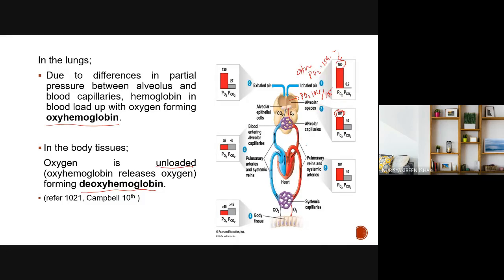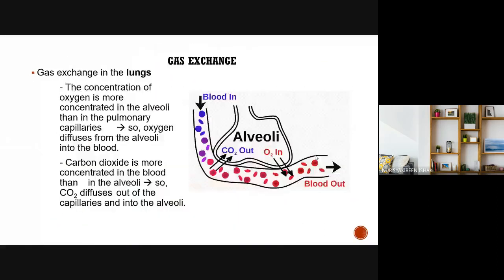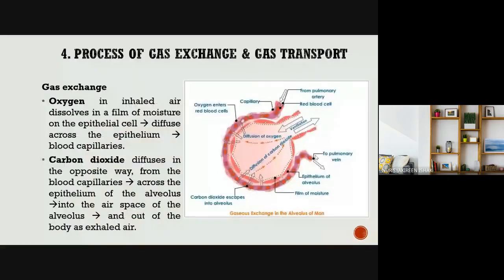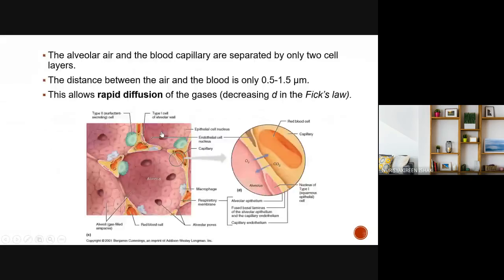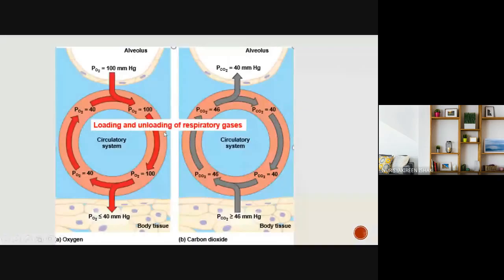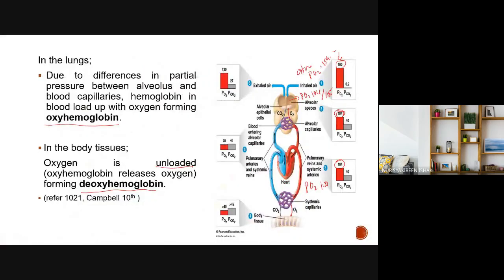So in the blood vessels kan, kat sini dalam gambar rajah ni dia bagi 104 kan, tapi samalah juga. Sepatutnya oxygen in the blood vessels is 100 kalau kita tengok yang tadi lah kan. Ni dia cakap kat sini 100 in the blood that leaves the alveolus. Okay, is 100. Okay, so in your body cells kan, the partial pressure of oxygen is 40.